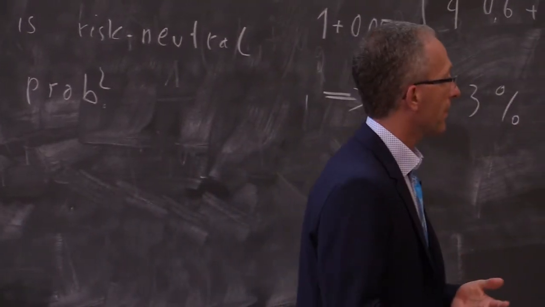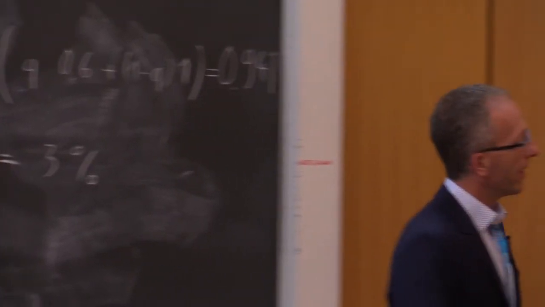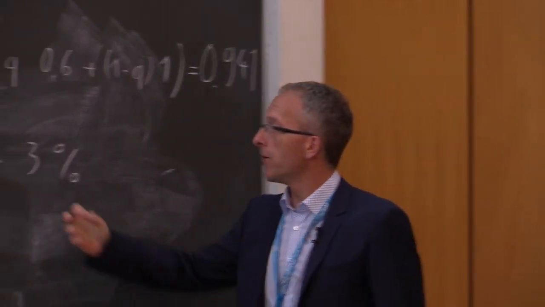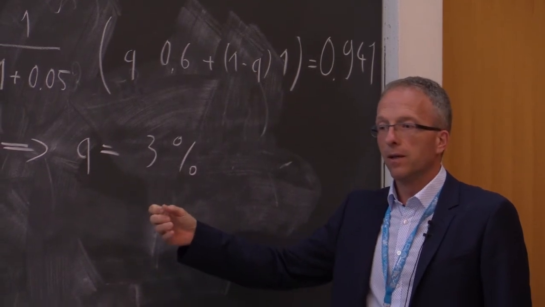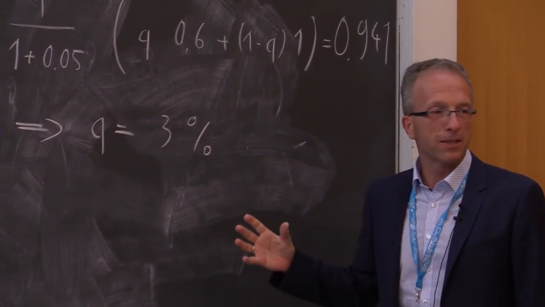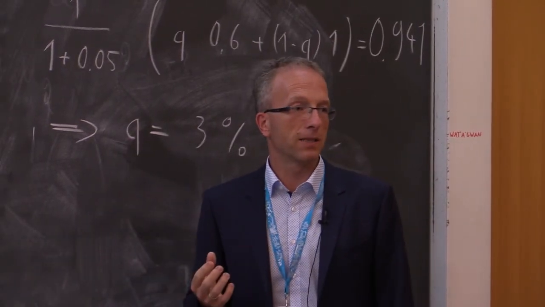Good. The other thing, well, in fact, there are even three messages to take away. The other thing is, how did we find this Q? We didn't do any statistics. We just solved an equation. We looked at current market prices.